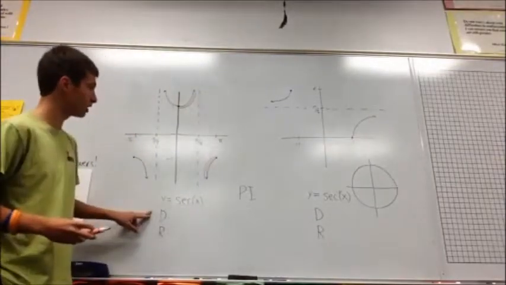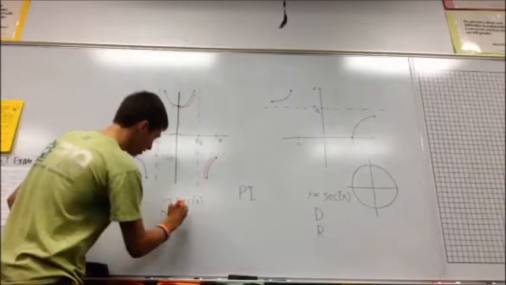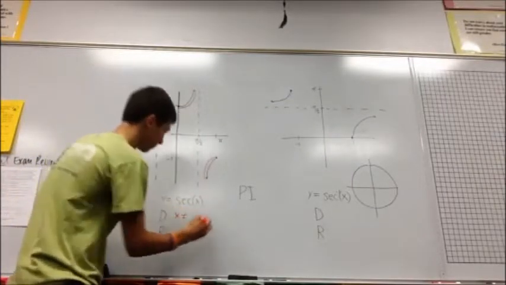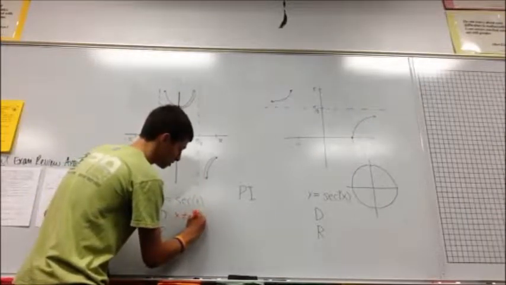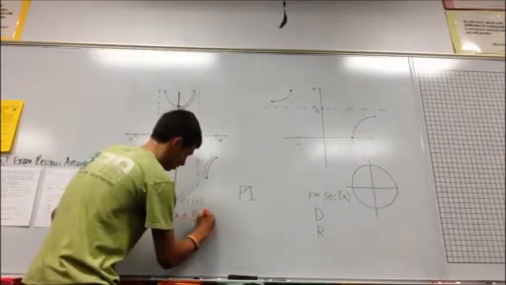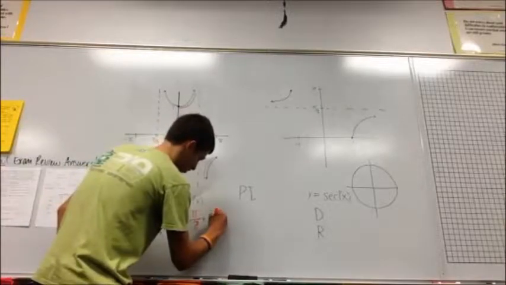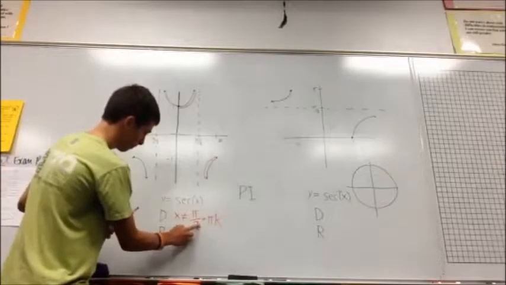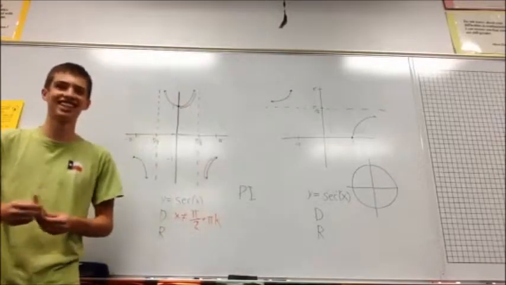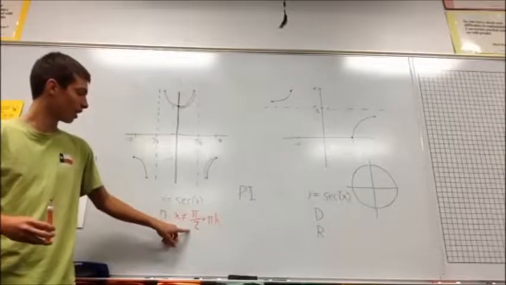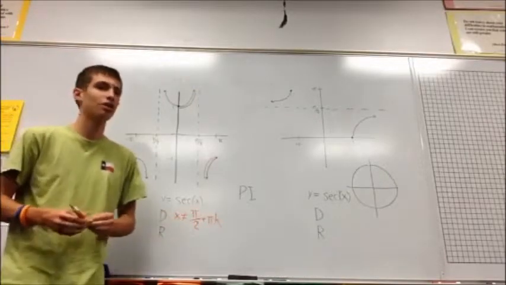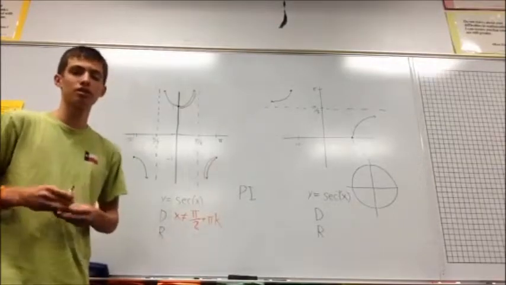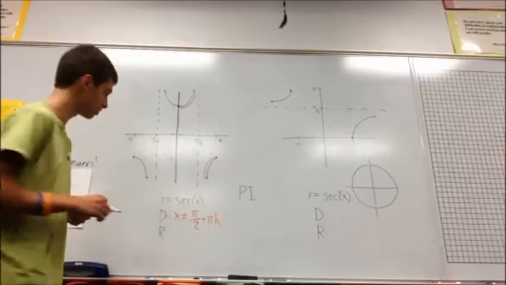Now, the domain of the secant is going to be x cannot equal pi over 2 plus pi k. And the reason for that is the asymptotes that go through, and those are the only places that won't have solutions.